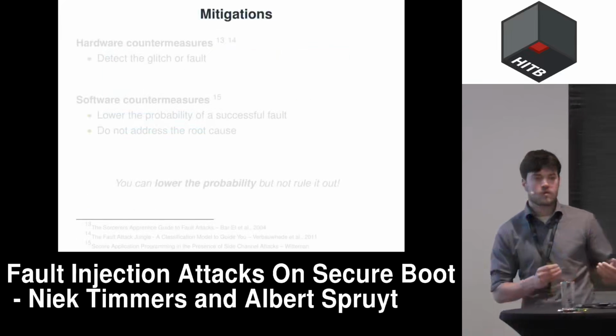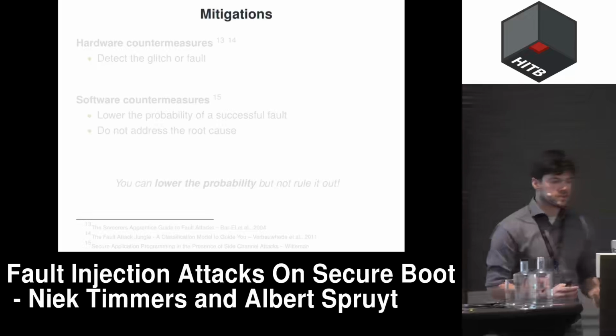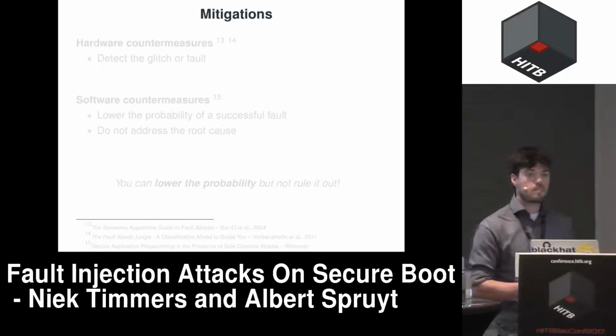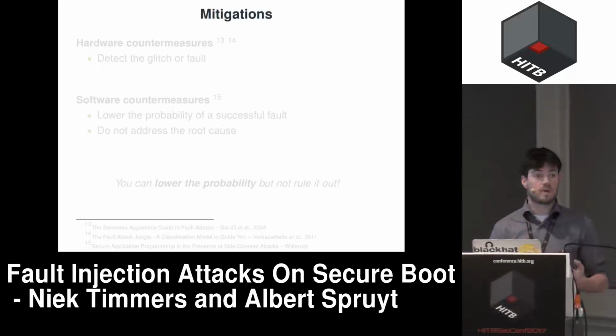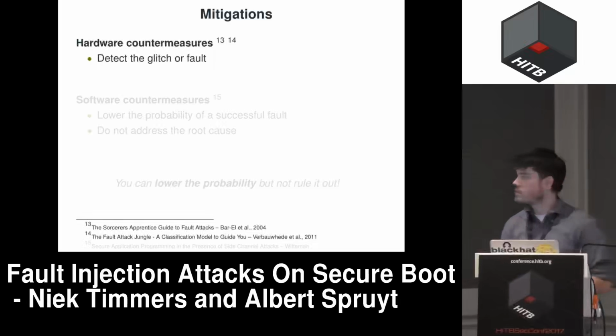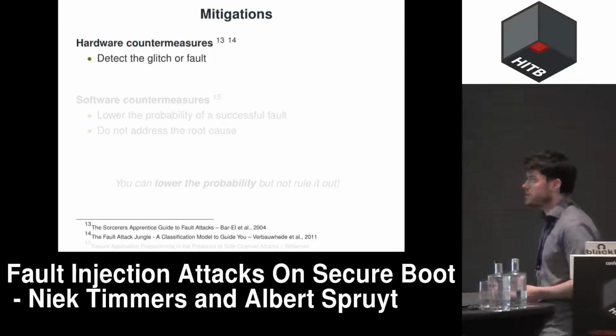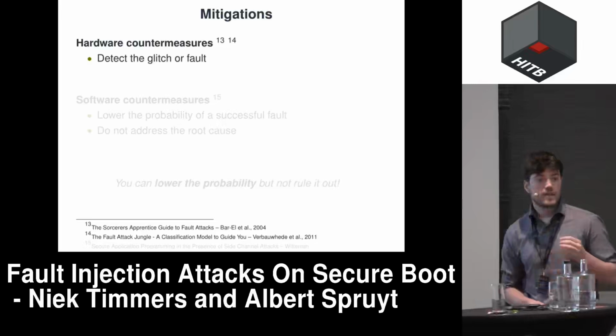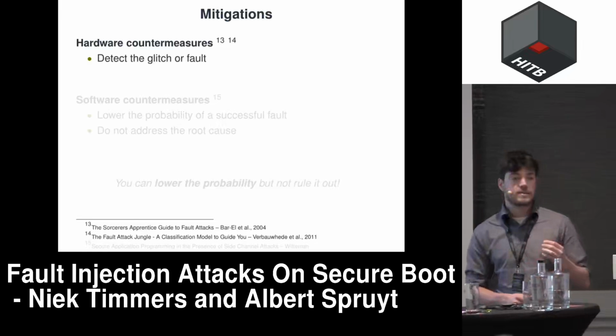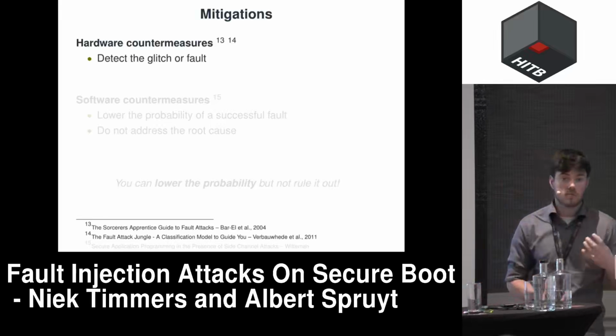Okay, so these were some examples of classic bypasses, but vendors have also started to implement mitigations. These mitigations can be either hardware countermeasures, where the goal is to detect the glitch as it's being injected, or to detect faults when they have already occurred.